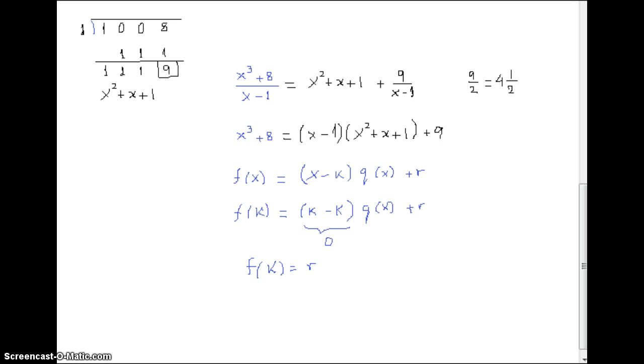This provides the following remainder theorem, which gives a new method of evaluating polynomial functions. If the polynomial function f of x is divided by x minus k, then the remainder is equal to f of k. This is called the remainder theorem.